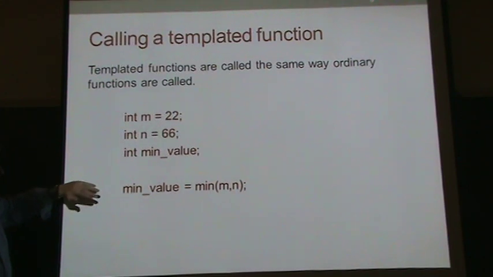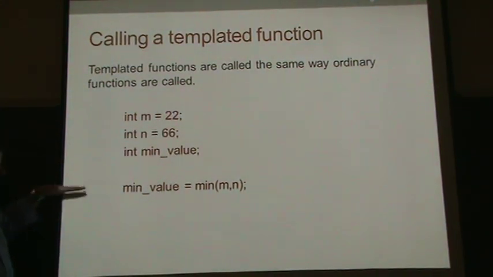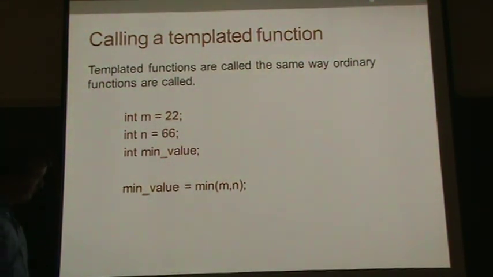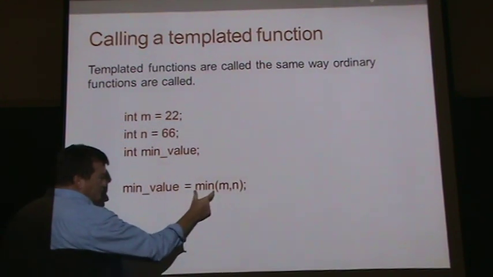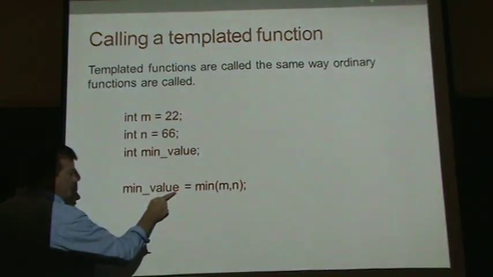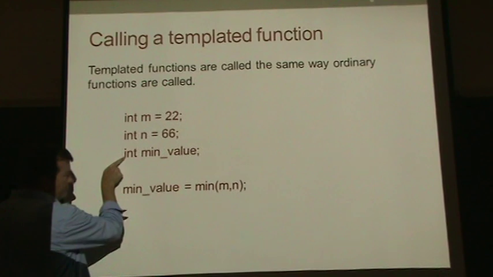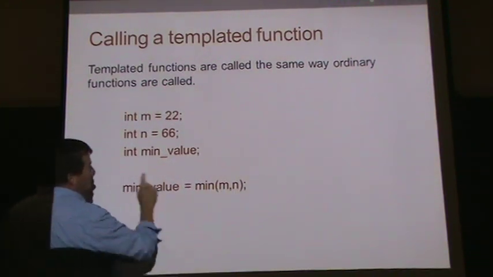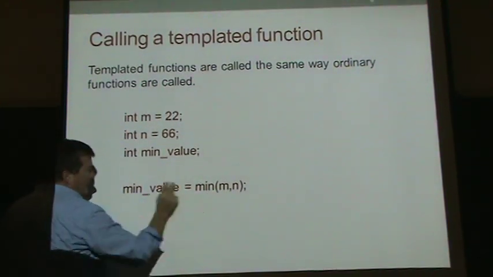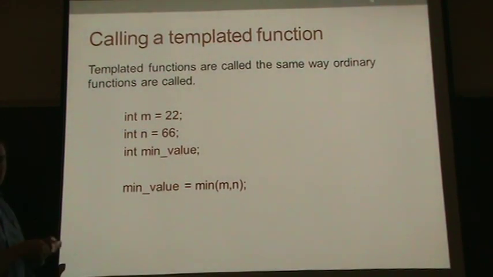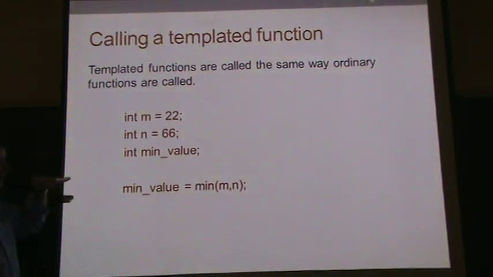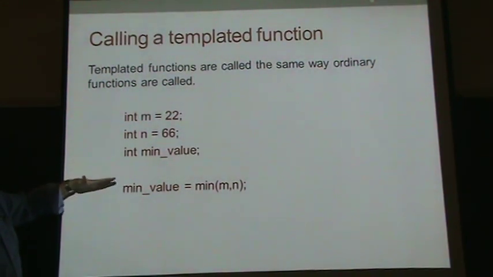Our template gives a definition for all types. At compile time, the compiler goes, it looks like you're trying to call a function min, its return type should be integer, which I'm getting from here, and its input type should be integer also. Since these match, it goes out at compile time to the template and says, I can build the corresponding function, the integer version of the function.